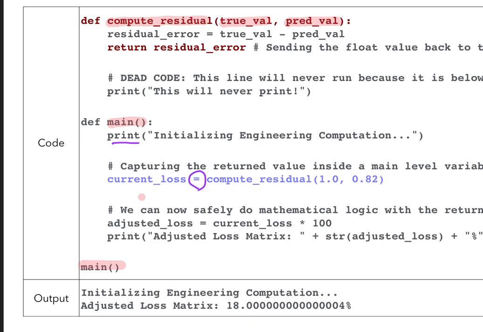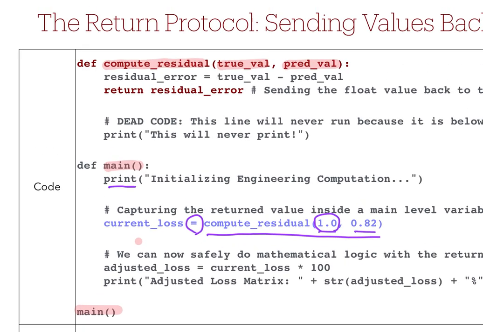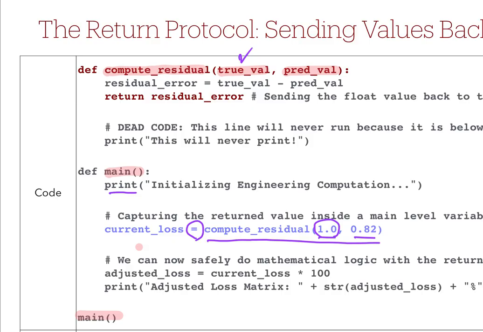So that's what the assignment is doing. You will evaluate the expression on the right, but on the right I have the function call. So I will evaluate this function with 1.0 and 0.82 as the argument values. 1.0 will be the argument for the first parameter, and 0.82 will be the argument for the second parameter.